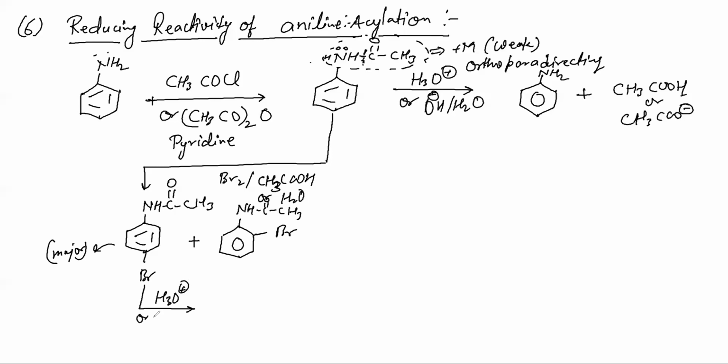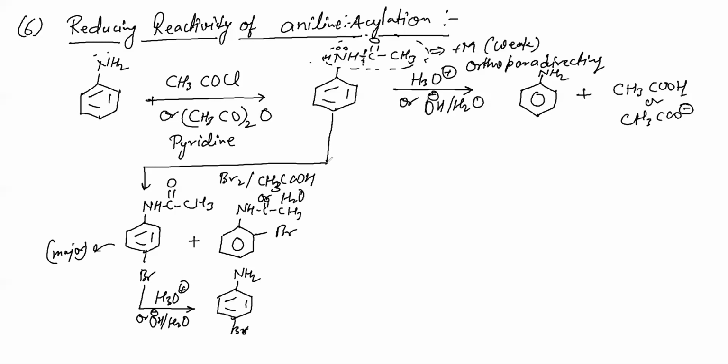We will perform its hydrolysis. So once you perform its hydrolysis, you get NH2 back and here Br. There is no method by which you can achieve monobromination in aniline. This is the only way.